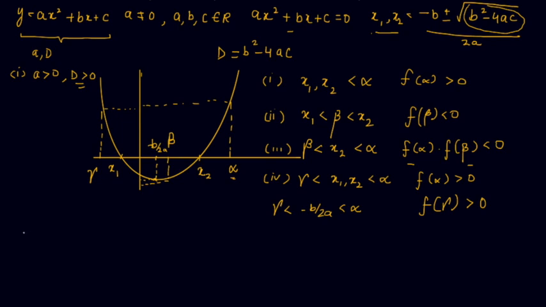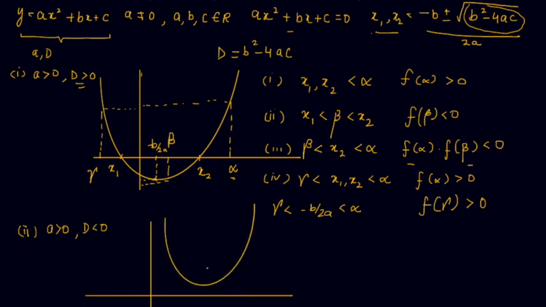Now the second case is when a is greater than 0 and d is less than 0. And the graph will look like this.